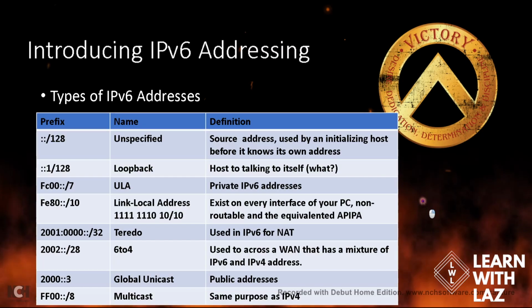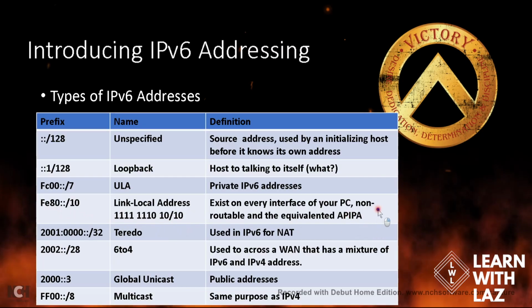Now you also have FE80. What's interesting about that is the CIDR is /10. And I put the binary there, as you can see, because this is F, this is E, and this is 8, and then 0, 80, because the CIDR is 10. So this would be the binary of this FE80. So that has to match that in order to be that. So basically it's the equivalent of the APIPA.